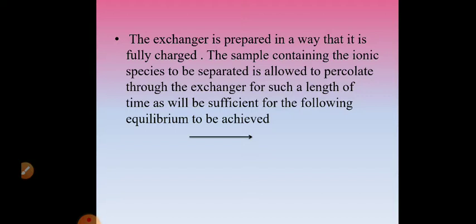The sample containing the ionic species to be separated is allowed to percolate through the exchanger. The exchanger is filled in a column, fully charged. Then the sample which contains the ionic species is allowed to percolate through the exchanger for a length of time sufficient to attain the following equilibrium.